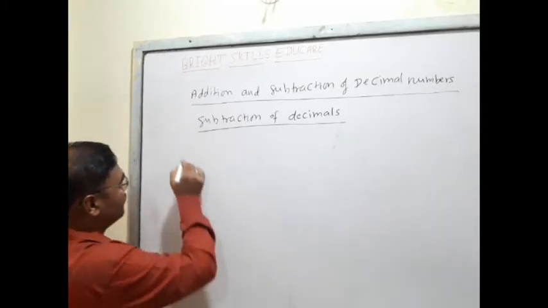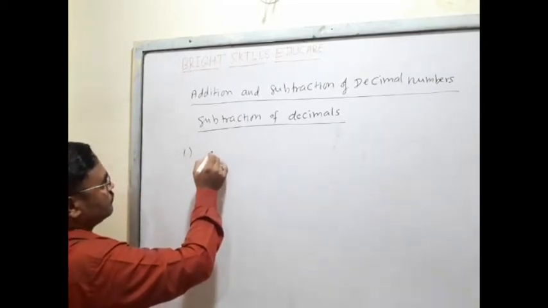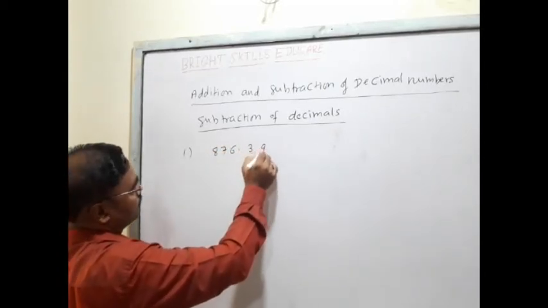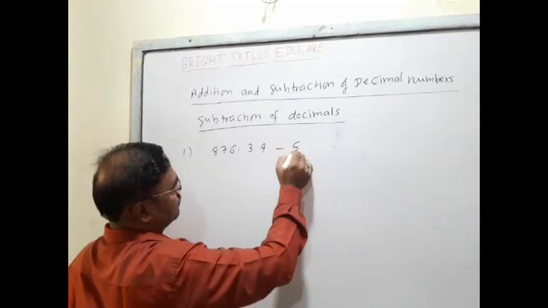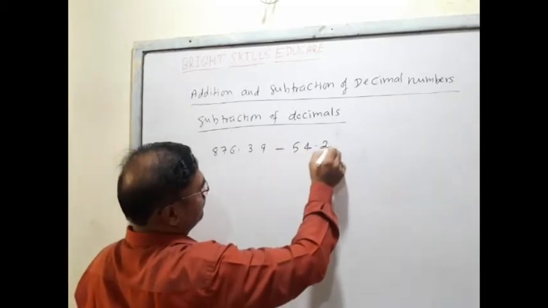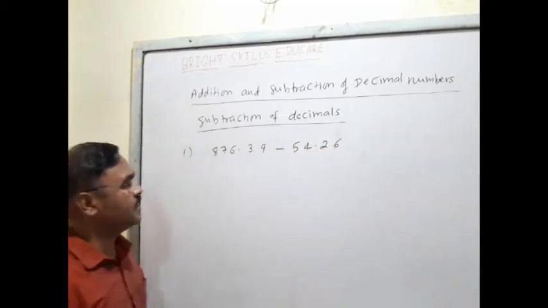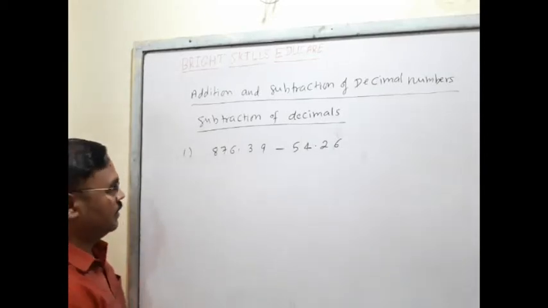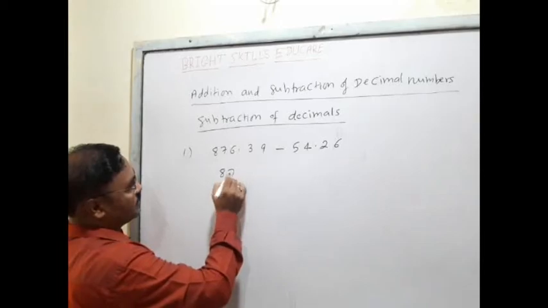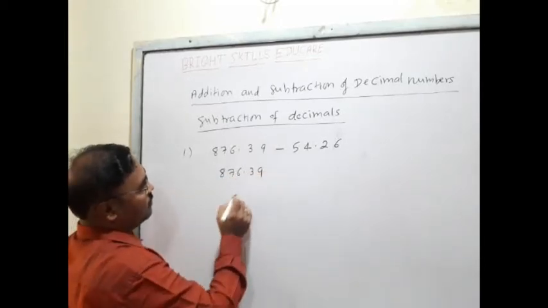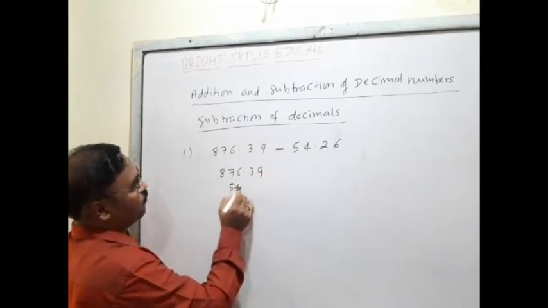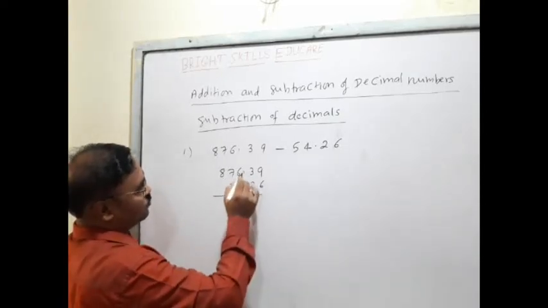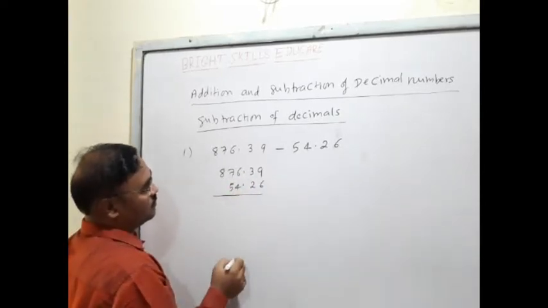Let us see that. $876.39 minus 54.26. See, 876.39, then 54.26. Decimal point should be just below the decimal point.